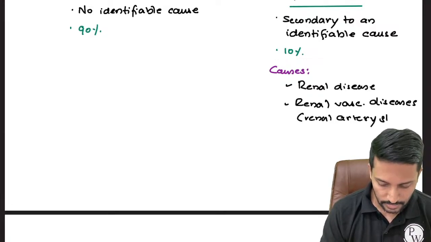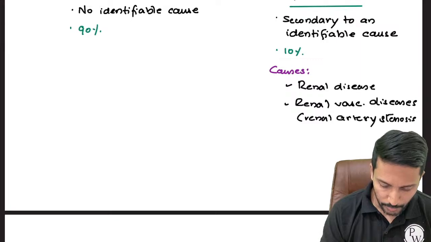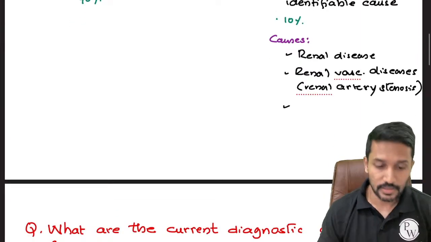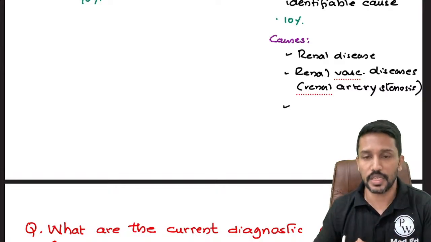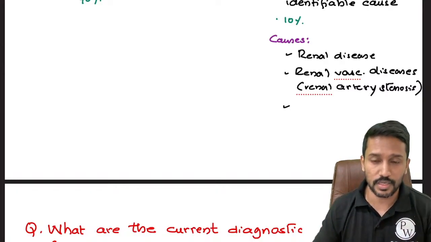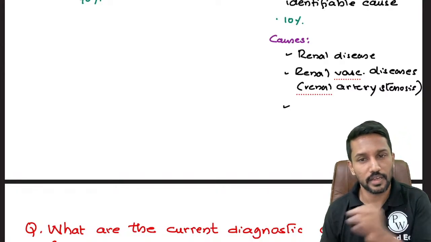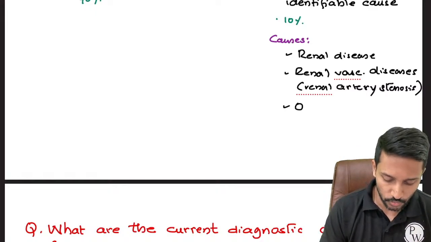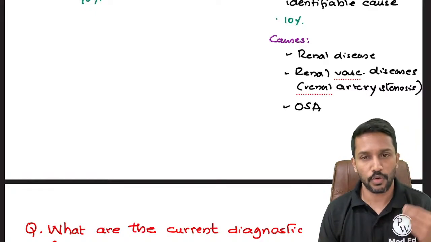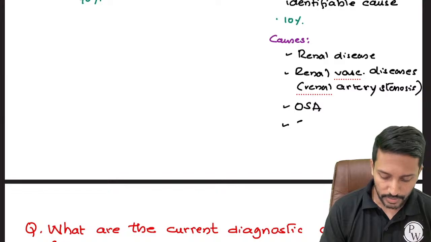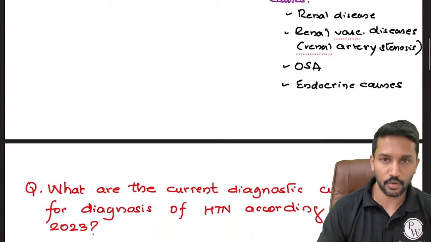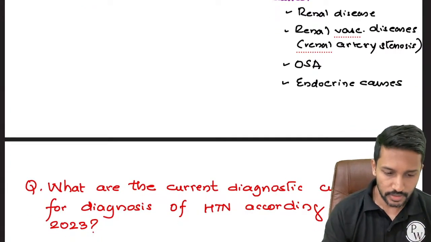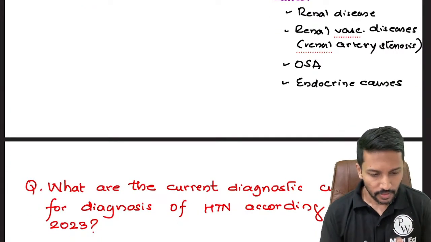Apart from that, in recent times you have realized that plenty of patients are hypertensive because of obstructive sleep apnea, and once we address their obstructive sleep apnea, the patients are coming out of the need for antihypertensive medications. So we will count that as a cause for secondary hypertension. And then apart from that, we have endocrine disorders. Endocrine causes for secondary hypertension; you can simply call it endocrine hypertension. Within that, what all diseases should I mention?